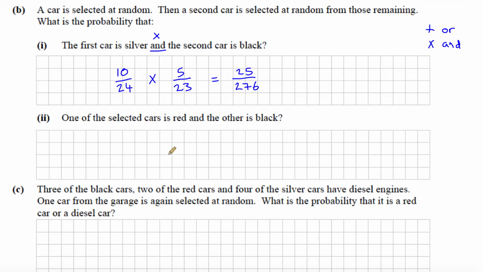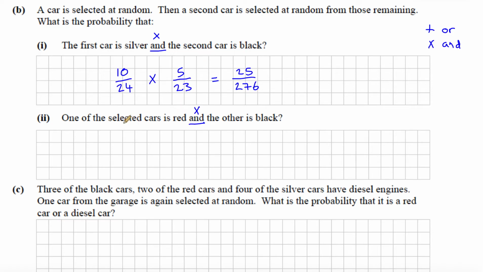Okay, part 2. What is the probability that one of the selected cars is red and the other is black? So again we have the word and here. We link that to multiply. So you'll notice here the difference between this question and the one up here. Here it said the first car is silver, the second is black. The order was specified.